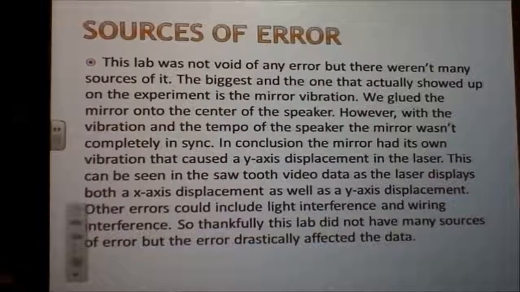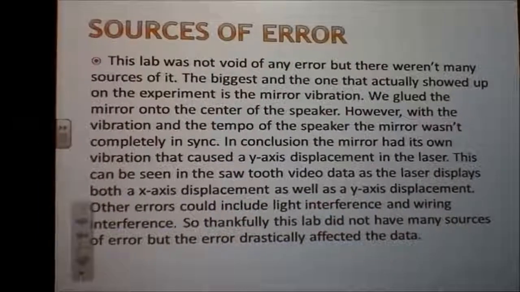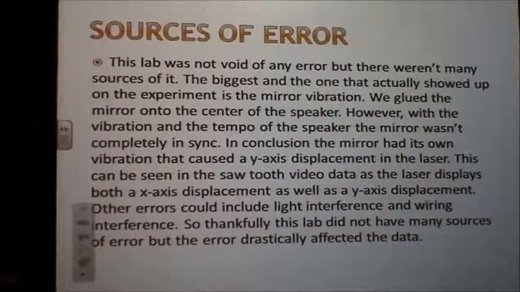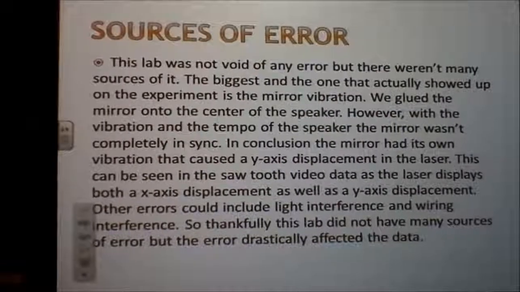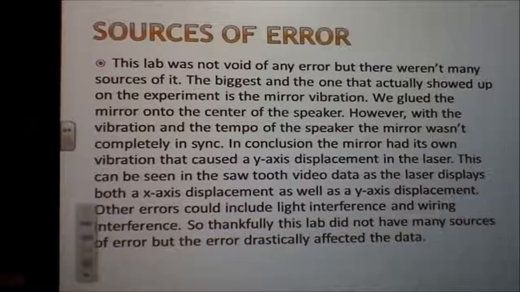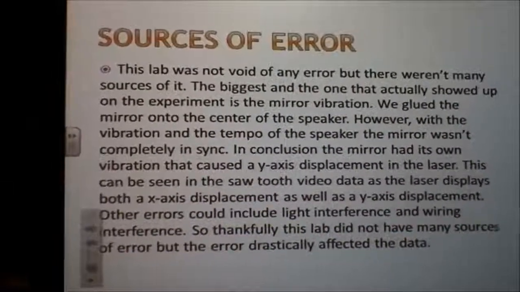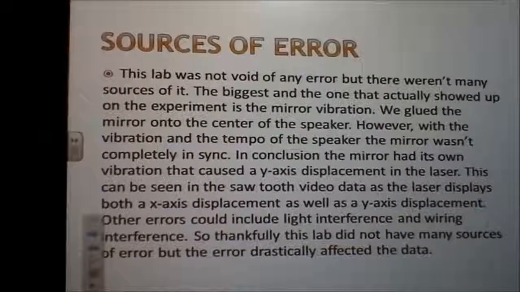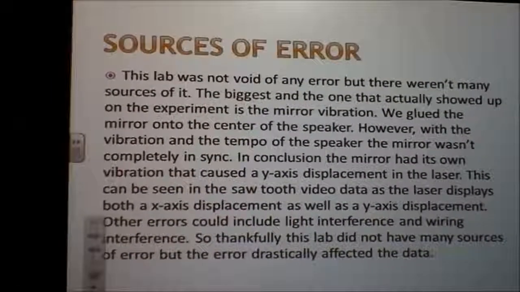We tried to get the stickiest glue possible, but there was still some extra vibration between the mirror and the wooden speaker. The mirror would reverberate against the speaker, adding a little more vibration than we wanted, instead of just following the vibration of the speaker.